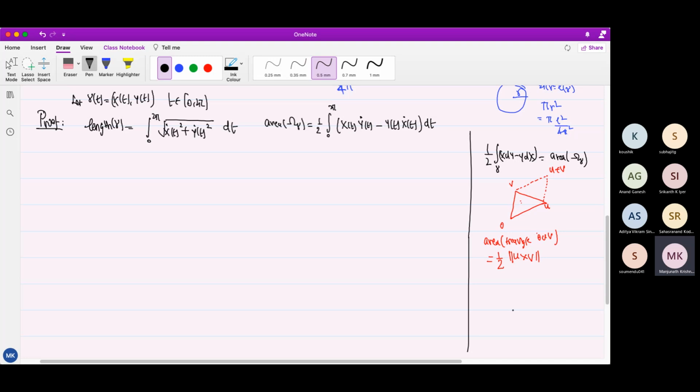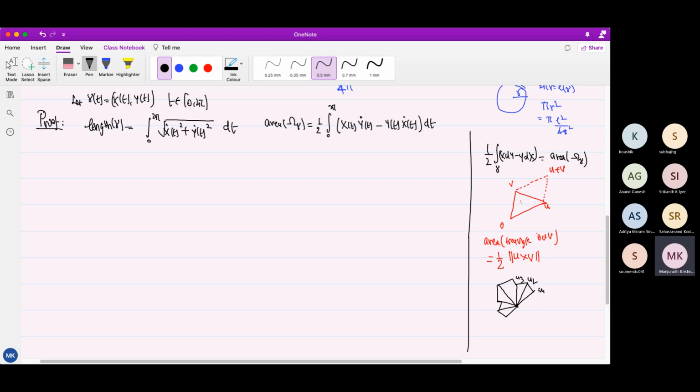So think of a polygonal curve made up of regions like this. You try to break it into triangles and then add up the areas of the triangles. So you have u1, u2, u3, and so on, and you can write a formula for the area of a polygonal region.